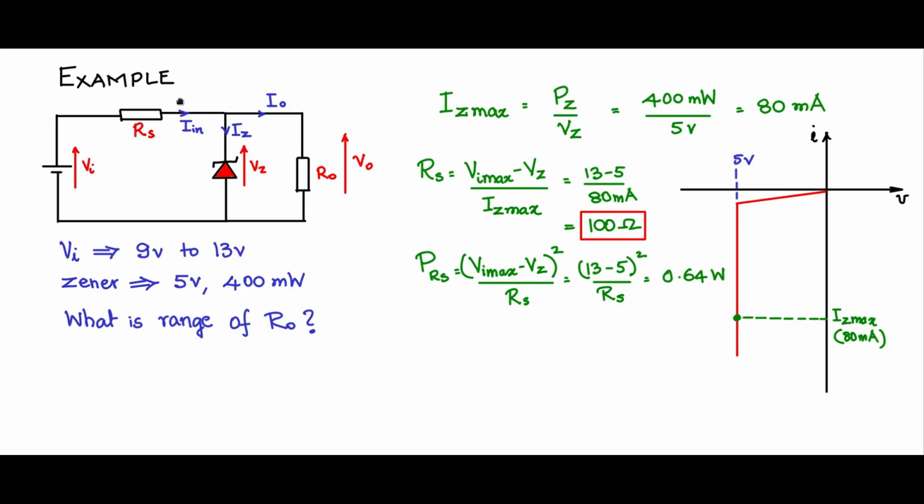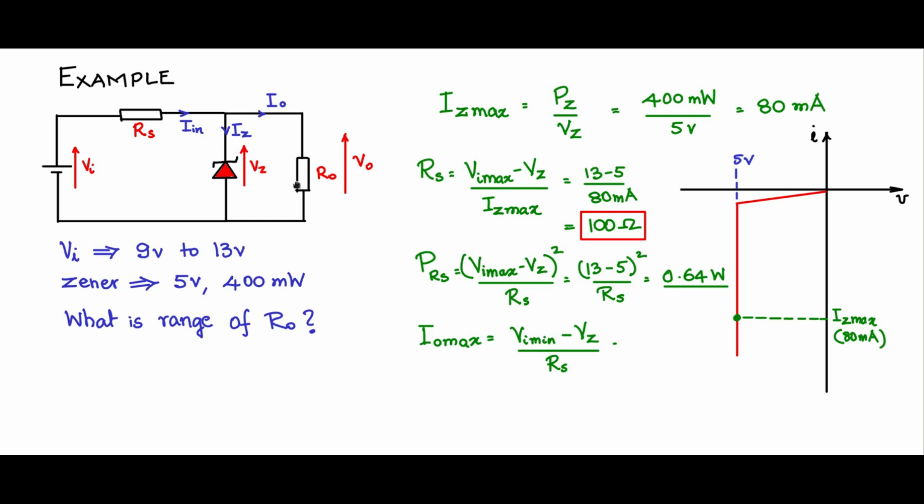So we have selected Rs. Next, let us look at R0. First, what is the maximum value of I0 that can be allowed through R0? I0 max, even under minimum input voltage condition, is Vi min minus Vz divided by Rs, which will be the In that flows here under minimum input condition.